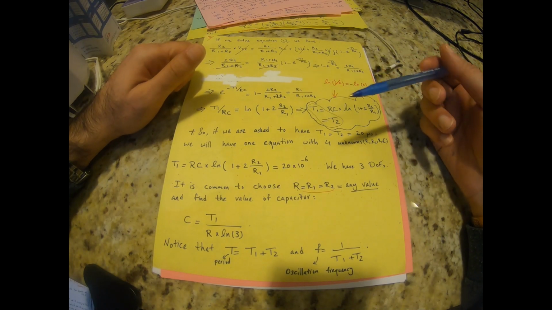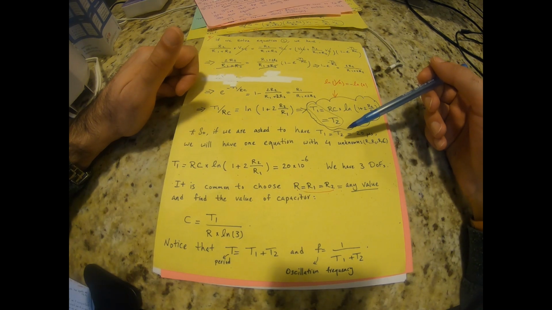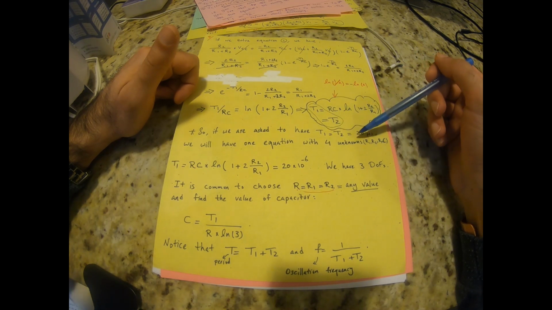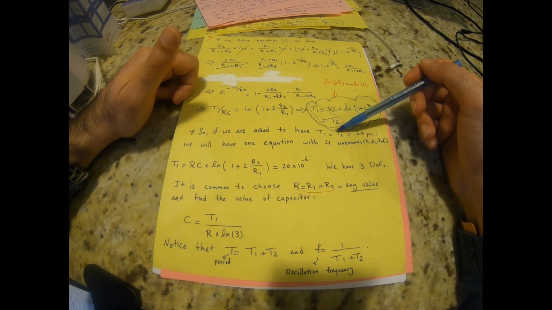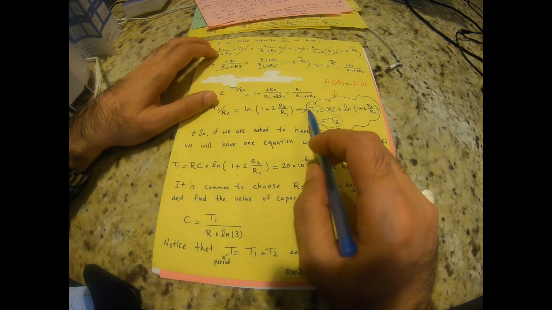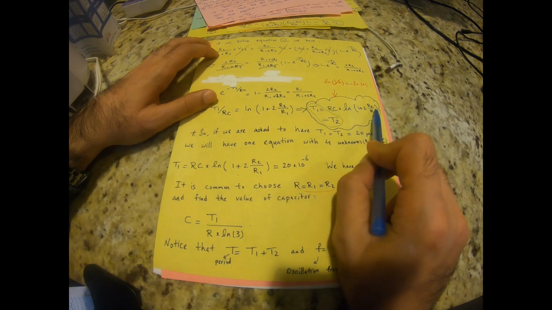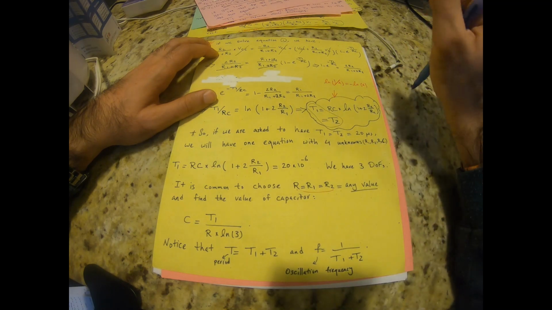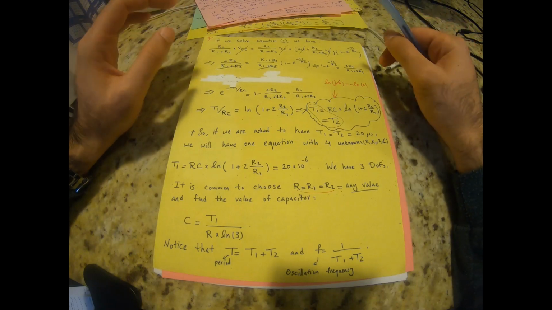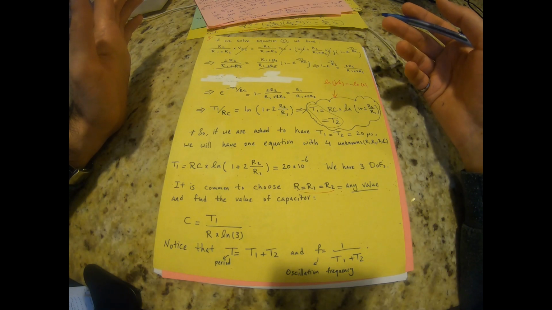Again, for one of the questions that we had, I think it was question 2, it was asking you to design a circuit that has T1 and T2 both equal to 20 microseconds. So you just make this one equal to 20 microseconds. You have one equation with 4 unknowns. So you have 3 degrees of freedom. That means you can choose the value of 3 of these parameters and find the value of the other one.